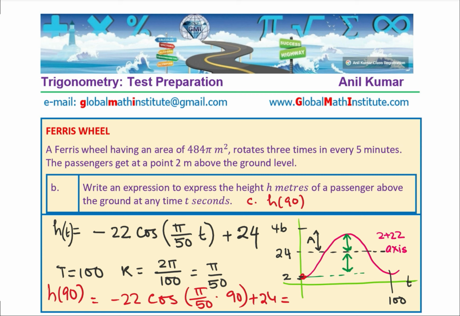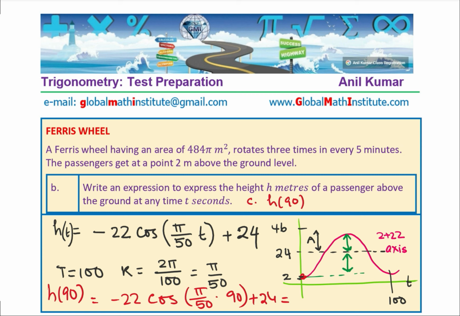I'd like you to use your calculator and calculate this answer. It should be set in radians, right? That is important since we have taken radians as our unit here. Some of you could also do it in degrees, no harm.